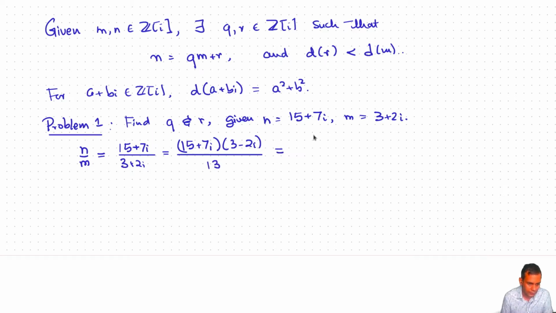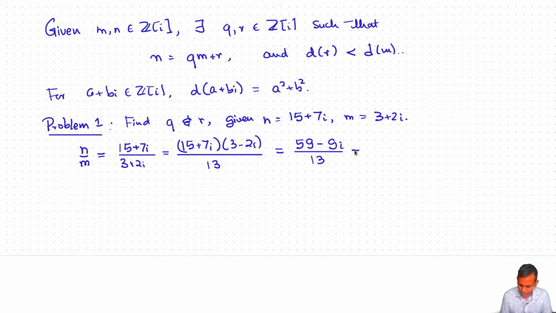15 times 3 is 45, 45 plus 14 is 59, and then we have 21i minus 30i, so we get minus 9i by 13.